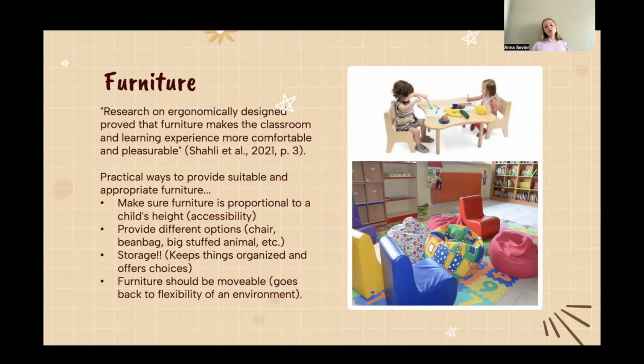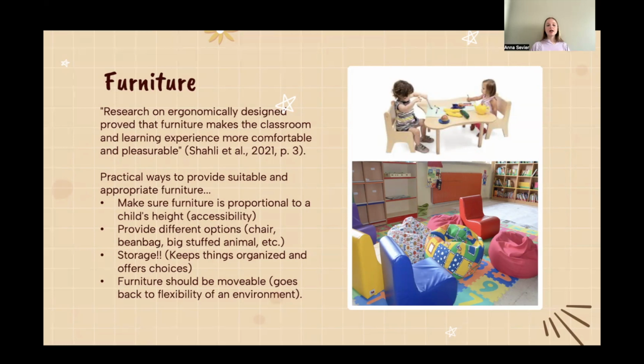So different practical ways that as play therapists we can provide suitable and appropriate furniture could be making sure that the furniture is proportional to the child's height. This makes sure that the child can access what they need or want to access. It also just makes the space feel more inviting, makes them feel like they belong here, that this is for them.